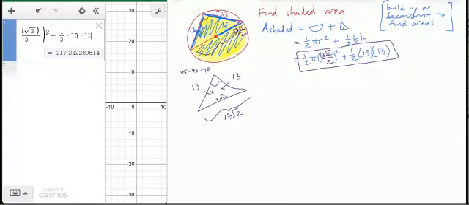And what I get for my estimate is 217.23. Area, remember, is a square unit. It's units squared. I most likely won't ask you to label the units, but just be aware that just like any area, it's measuring a two-dimensional space, so it's square units for that.